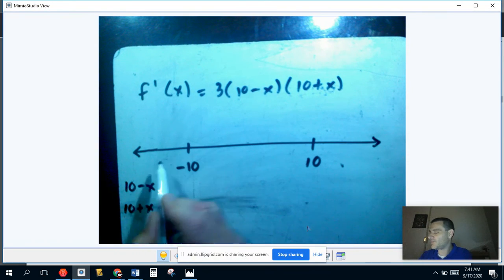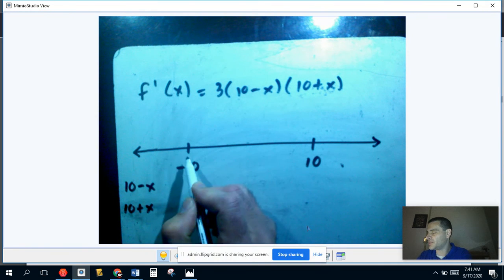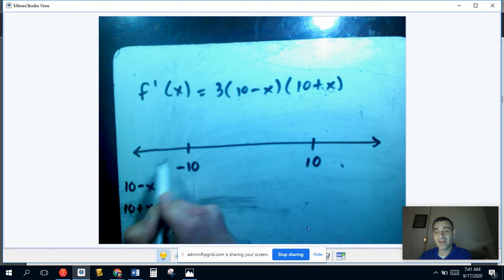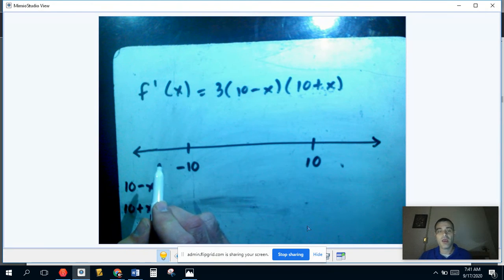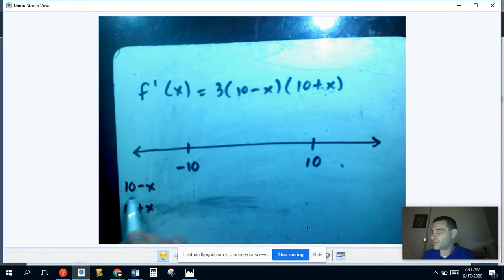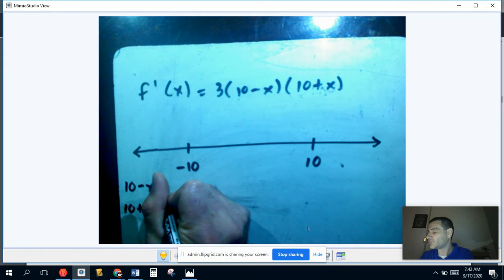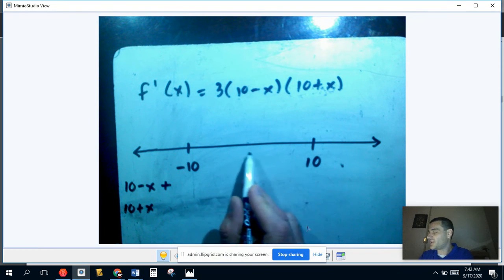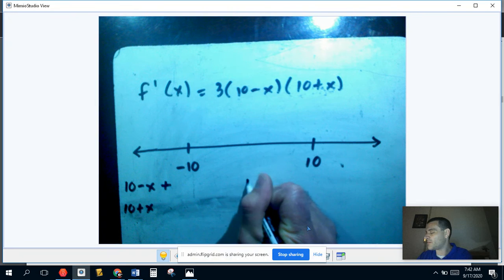I asked myself, we know the derivative is going to be 0 exactly here and exactly there. But in this area, which consists of negative 11, negative 12, and so forth, what would 10 minus x be? Like negative 11. If we punch negative 11 in here, 10 minus negative 11 would be equivalent to 10 plus 11, which is positive. If I take a representative here like 0, 10 minus 0 is positive.